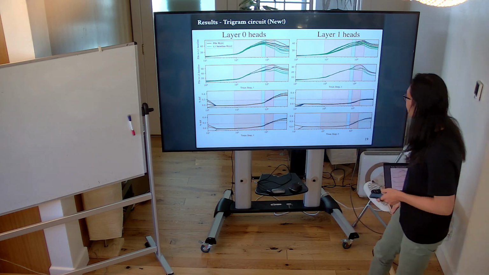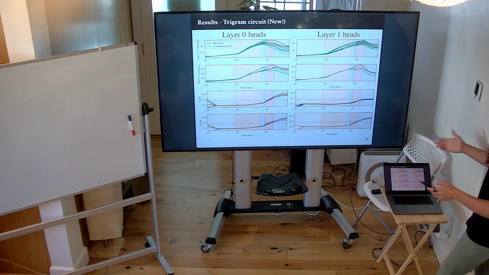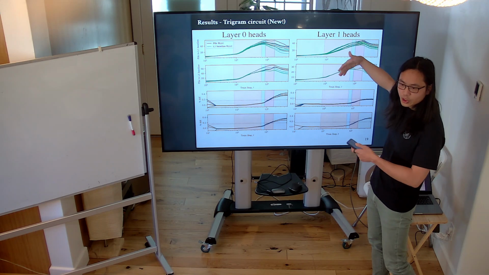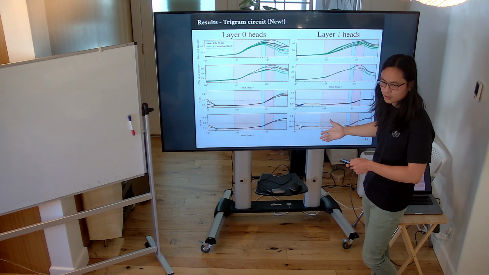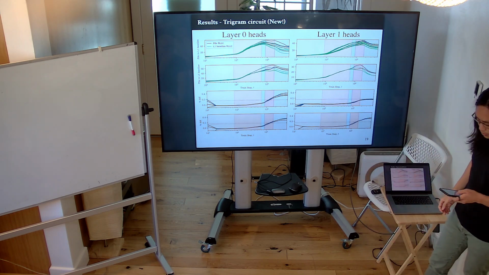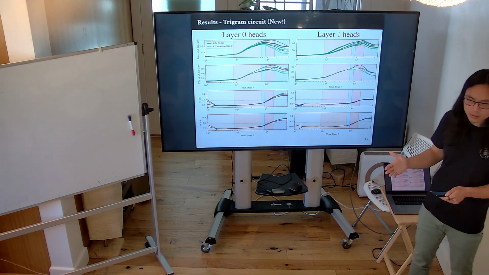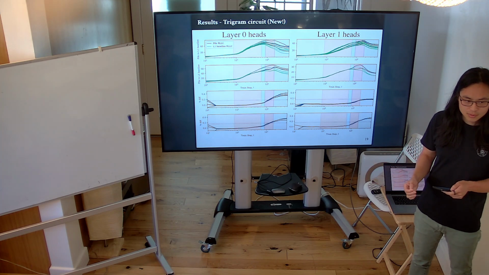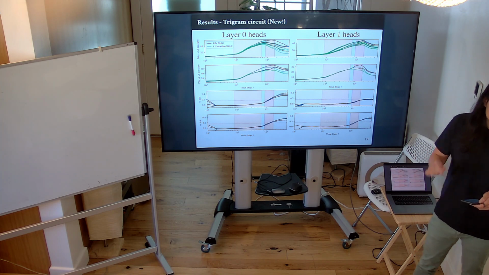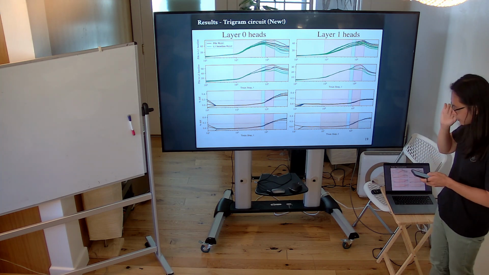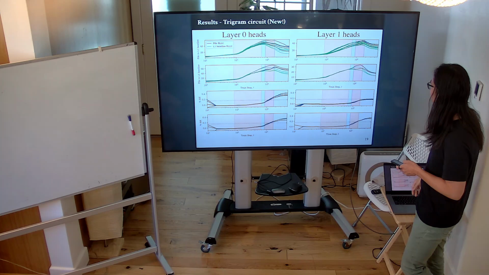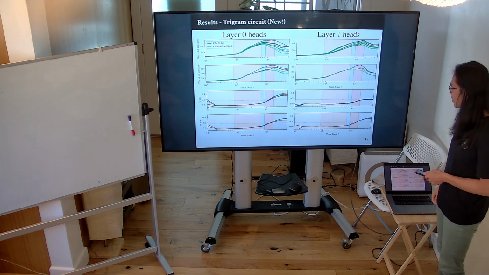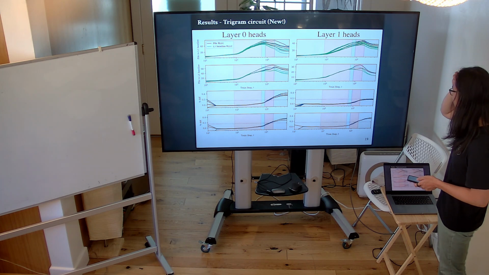Okay, so looking at the top plots, I want to make the claim that if you eyeball these curves, the layer 1 heads up here change relatively less than the other clusters of attention heads. And so if there is some structure in the model that is... the blue and green curves, yeah. Yeah, okay. And then rather than just asking you to trust me on this, here is an attempt to quantify this.